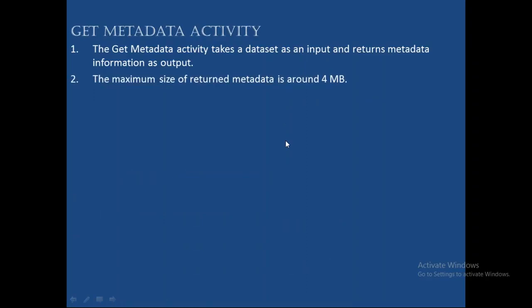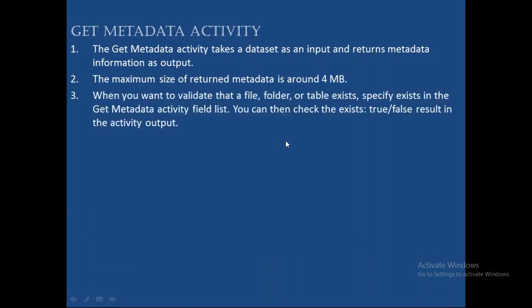When you want to validate that a file or folder or table exists, specify exists in the get metadata activity field list. You can then check the exists, true or false, result in the activity output. In the activity output, you can check whether this exists parameter returned true or false.